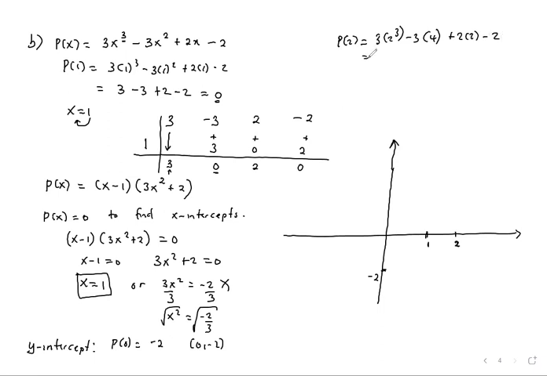So 2 power 3 is 8 by 3 is 24, minus 12 plus 4 minus 2. So here we'll get 24 minus 12, that is 12. 12 plus 4, 16. 16 minus 2, 14. So we have got 2, 14. Somewhere there.